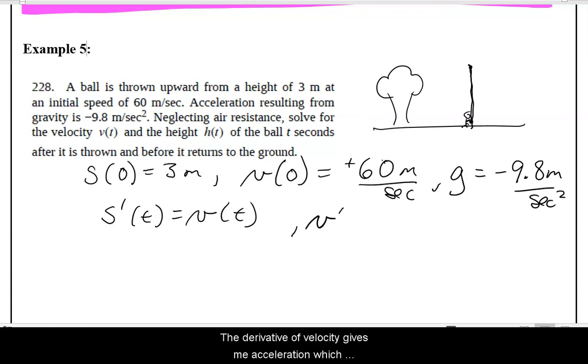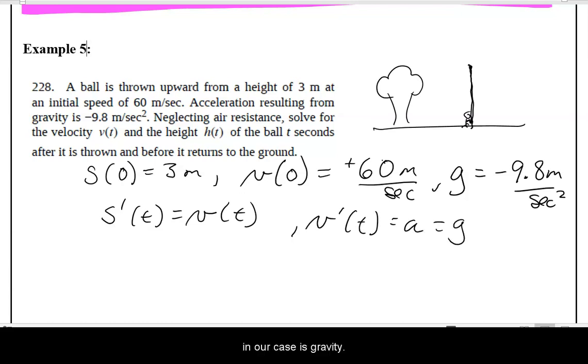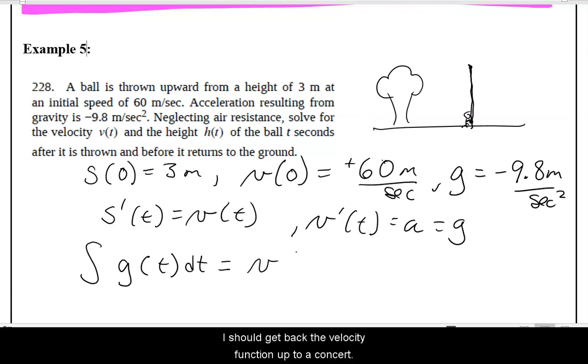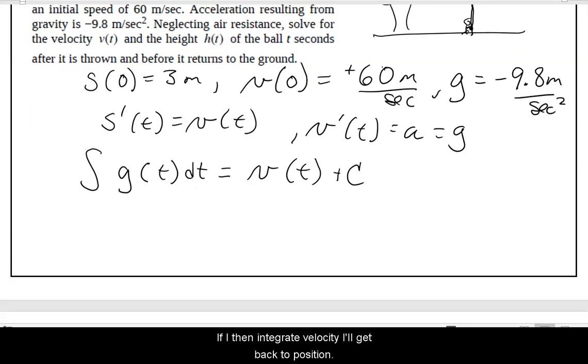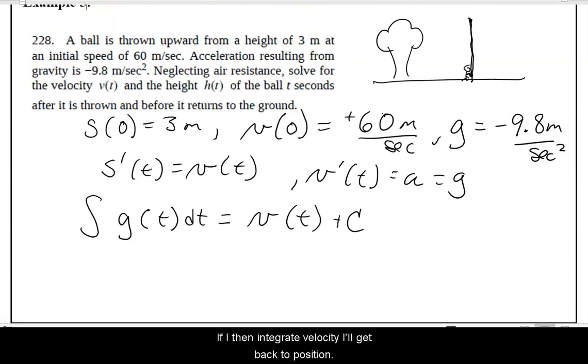The derivative of velocity gives me acceleration, which in our case is gravity. That means that if I integrate gravity or acceleration with respect to time, I should get back the velocity function up to a constant. If I then integrate velocity, I'll get back to position.